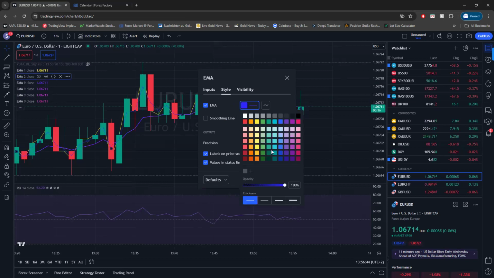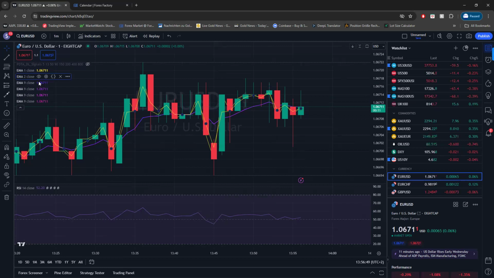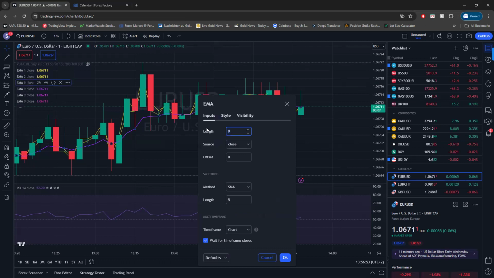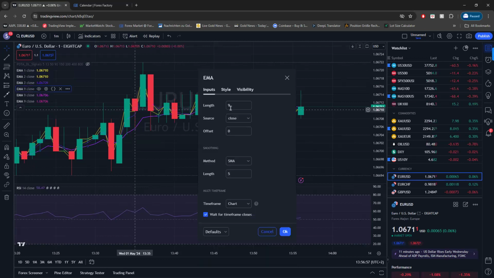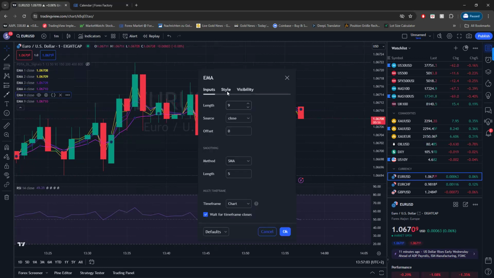I don't know if the blue is okay for you guys to see. The next one is going to be 3, right? I'm just going to leave it at that color, whatever. Next one is going to be 4. Next one is going to be 5.